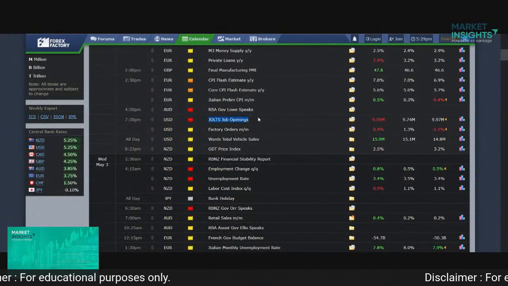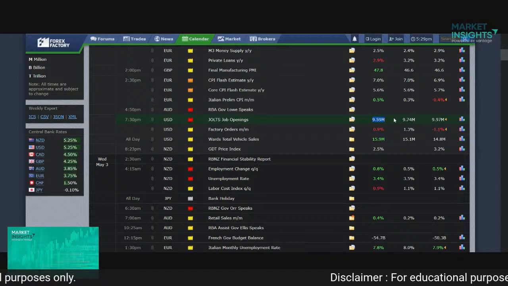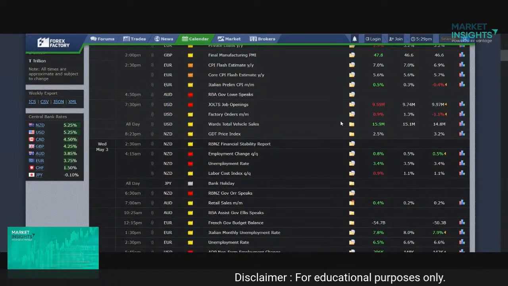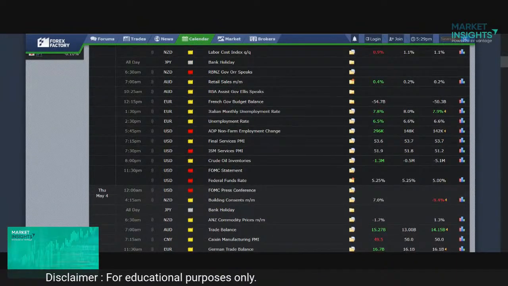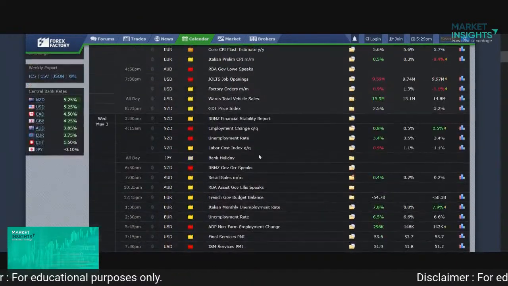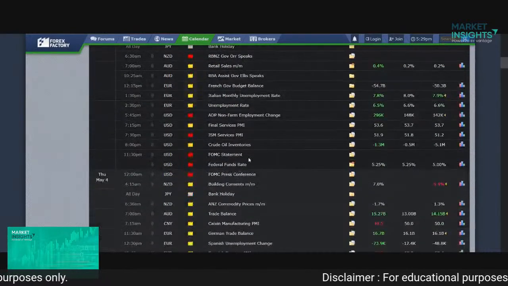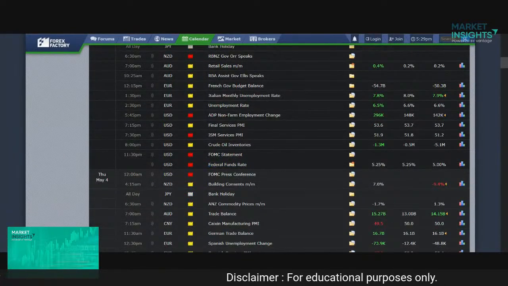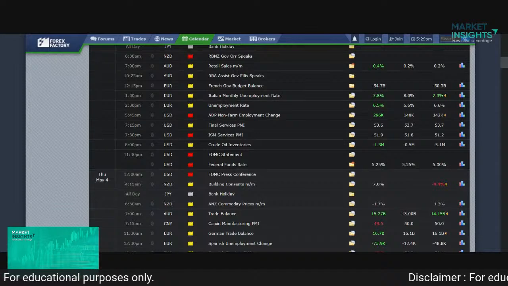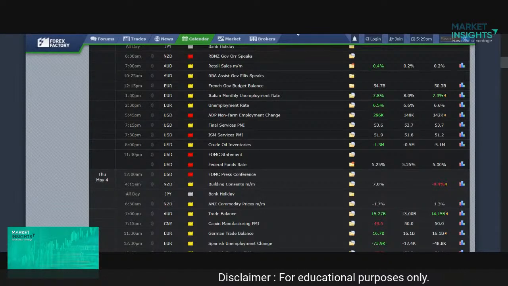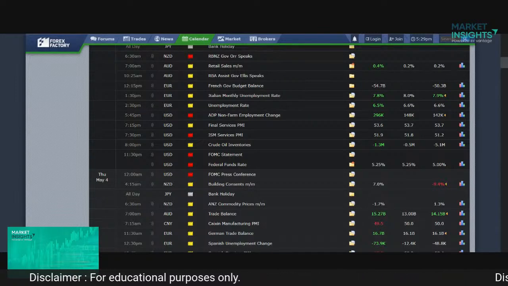After that, job openings came in somewhat lower than the forecasted value on the 2nd of May, and then the market was flooded with all the information possible, from employment to the funds rate revision. The revision was done by the Federal Reserve of the United States, again a 25 basis point hike. It triggered good support in the United States dollar, alongside a lot of other currencies as well. We will see on the chart what has happened.